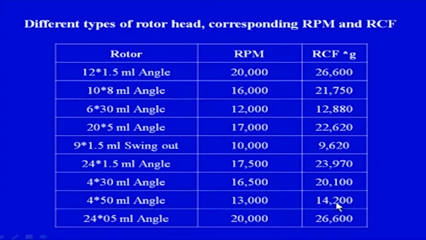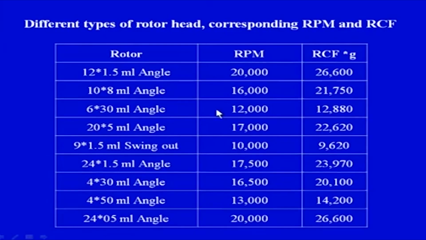If you know what RCF has to be calculated, then from the nomogram you can calculate it, or you can put in the revolutions per minute for a particular rotor, and then it could be operated. So, these are different rotors, but there could be many more different types of rotors, swinging bucket, angled or vertical, and they will have a particular RCF and RPM value.